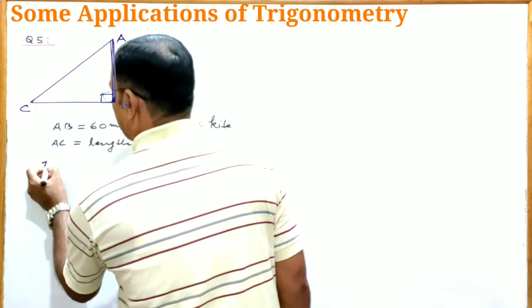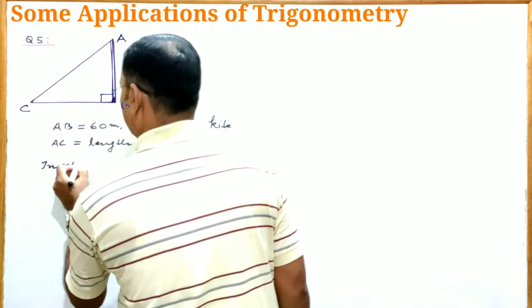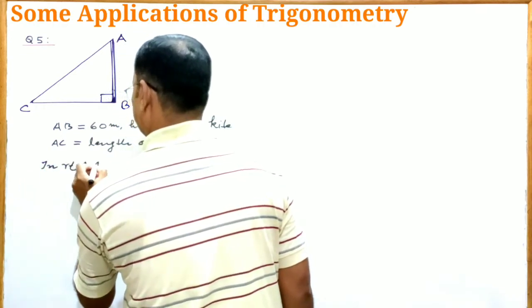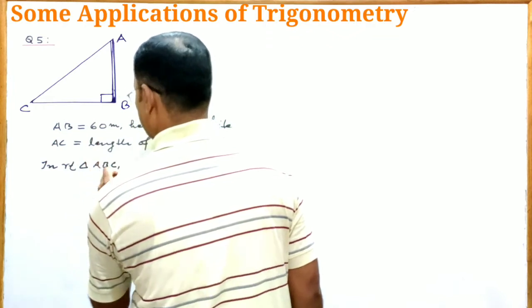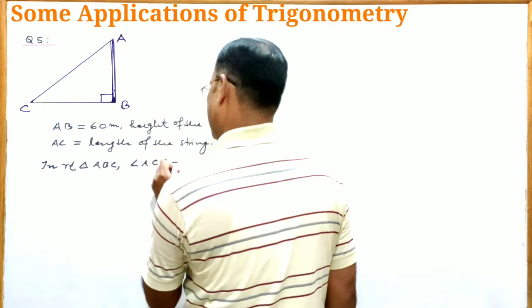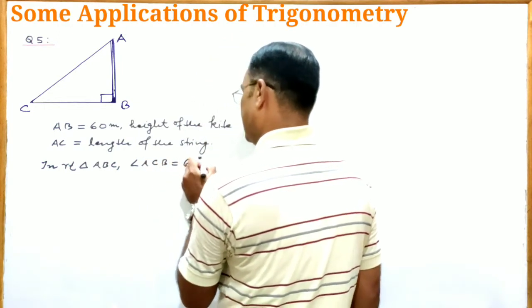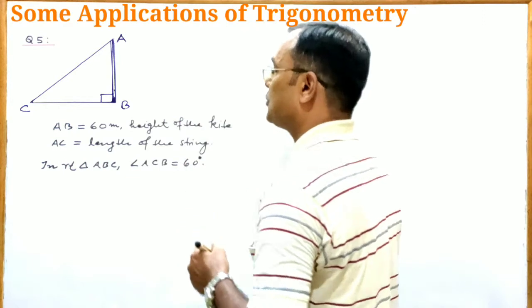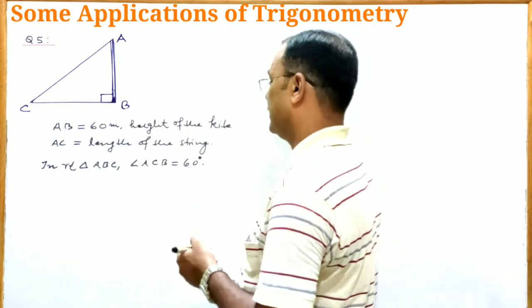So in right triangle ABC, angle ACB is given 60 degree, that the string makes with the ground.